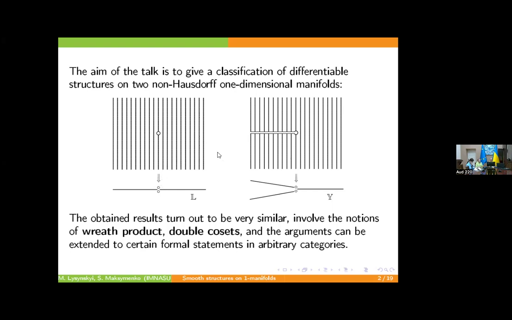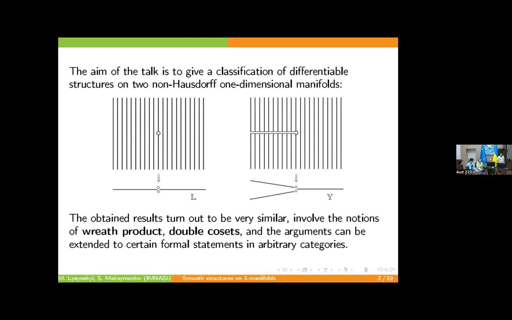And another example you see here is another type of these simplest non-Hausdorff manifolds. We take the same foliation on the plane by parallel vertical lines, but now we cut our plane along a ray, some infinite closed ray. It is essential that we also remove its initial point.